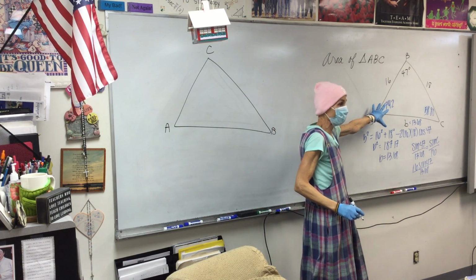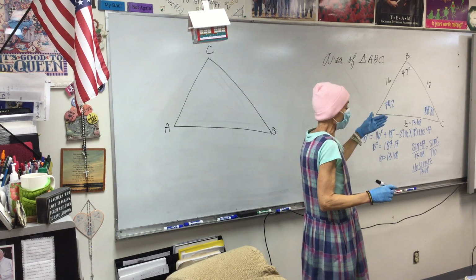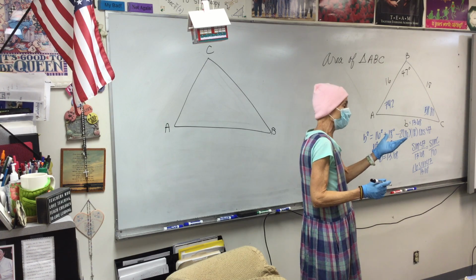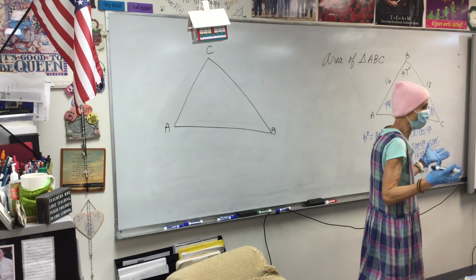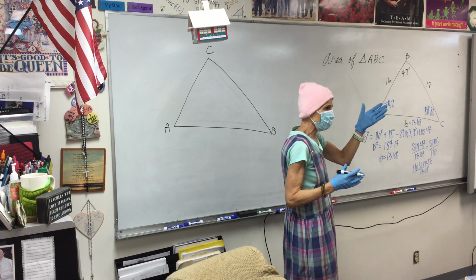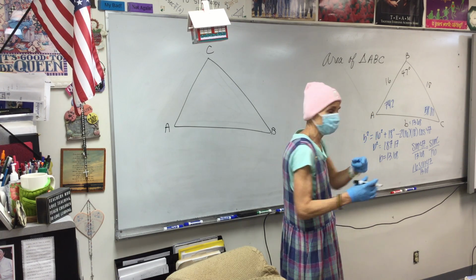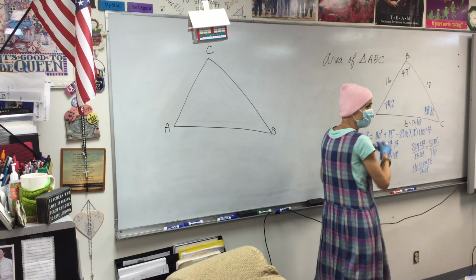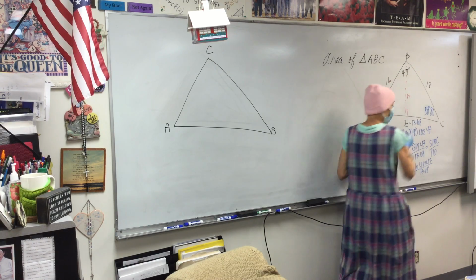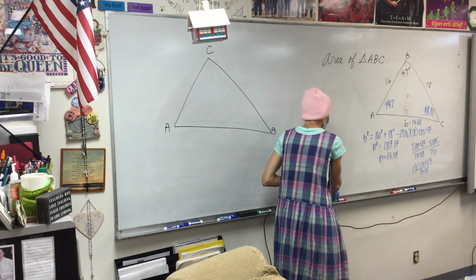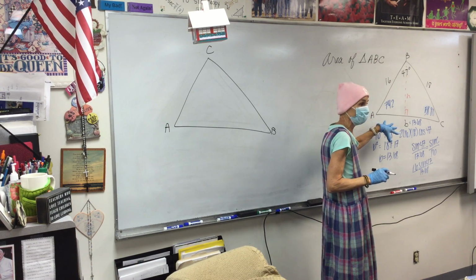Now, at this point in your life, you may only have one way to find the area of a triangle. There are actually like 15 ways. But you may only know one at this point. What is that? 1/2 base times height. Now, we have a little bit of an issue here because we don't know the height. But if you think about what we talked about yesterday, now that Victoria has done all this work, we can find the height.